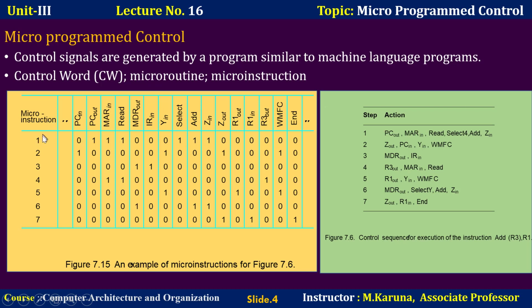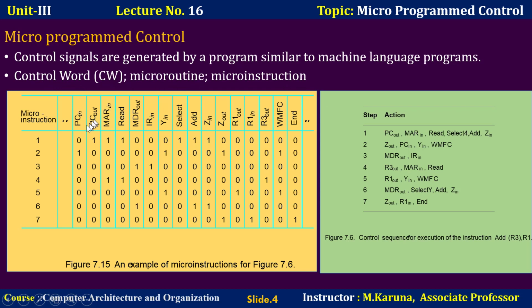So these are micro instructions 1, 2, 3, 4, 5, 6, 7. Seven micro instructions are required to perform this macro instruction. The set of all these micro instructions is known as the micro routine for the execution of Add R3, R1. I hope you understand the difference between micro routine, micro instruction, and control word.